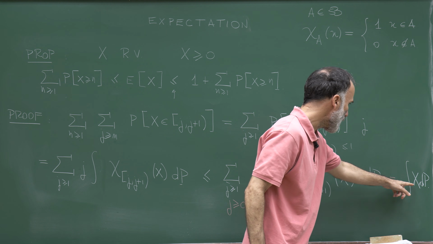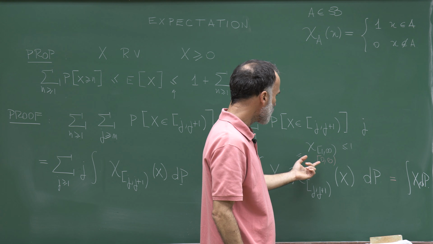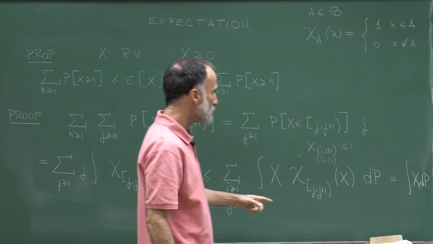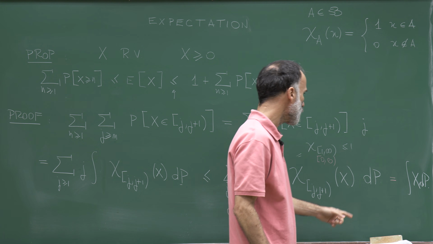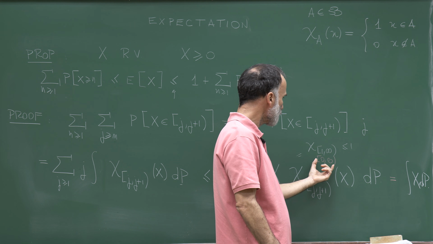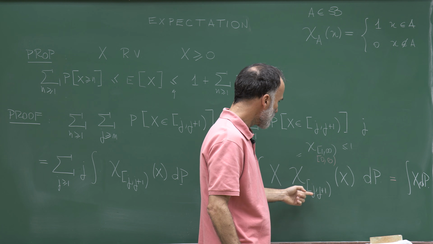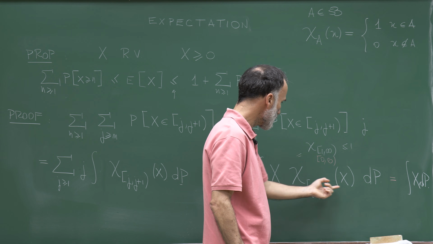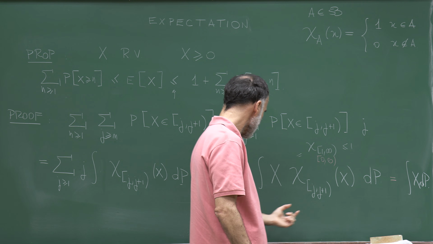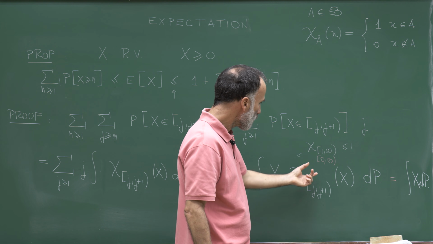So I first wrote x, then I introduced the indicator of the interval 0 to infinity, because x is non-negative, so there is no difference between taking x or taking x multiplied by the indicator function of the interval 0 to infinity. Once I introduced the indicator of 0 to infinity inside this integral, I can rewrite this interval as the union of these intervals for j larger or equal to 0.